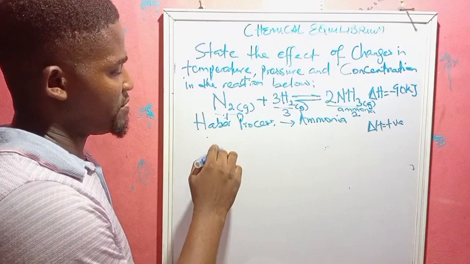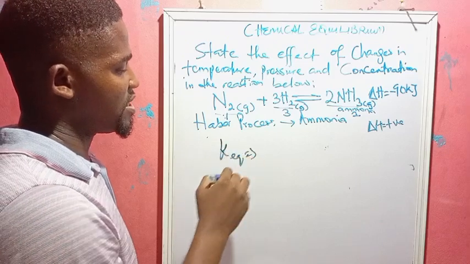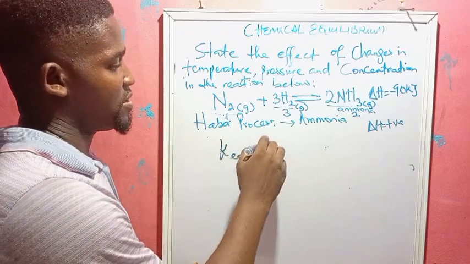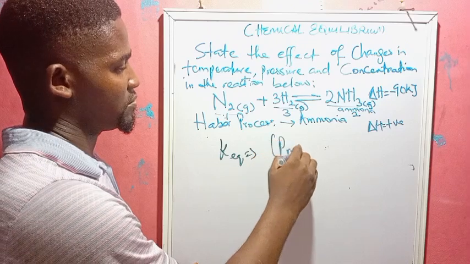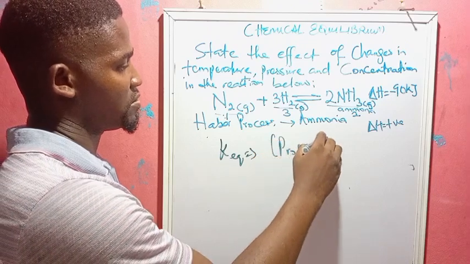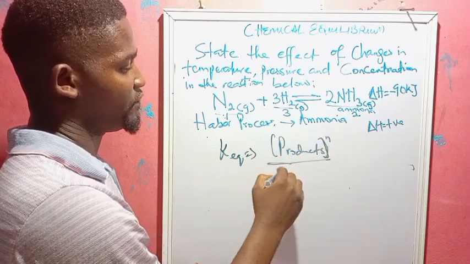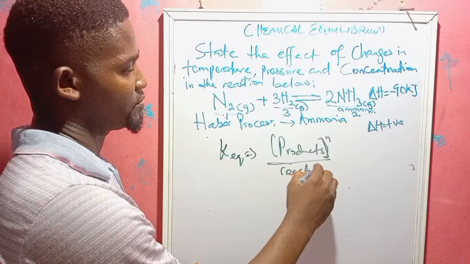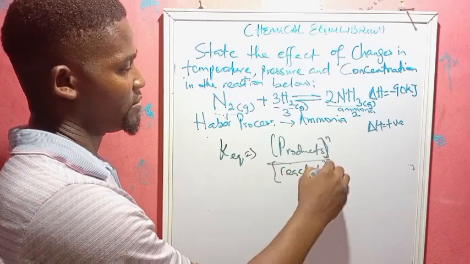So the equilibrium constant, we can have that as the product, each raised to the power n, over the reactants, each raised to the power n, where n is the number of moles.